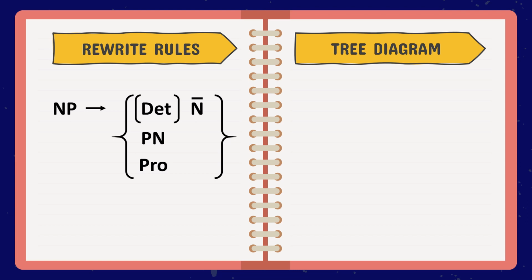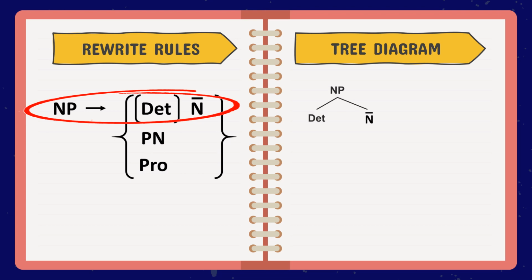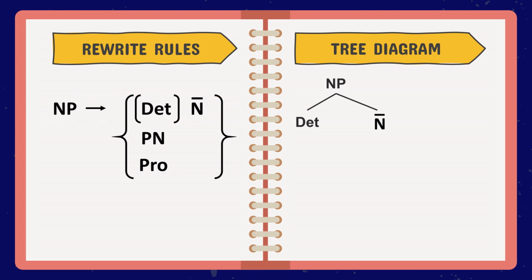The next phrase structure is noun phrase. A noun phrase consists of an optional determiner and N-bar. A noun phrase consists of an N-bar since, as I said earlier, the determiner is optional since it is enclosed by parentheses.